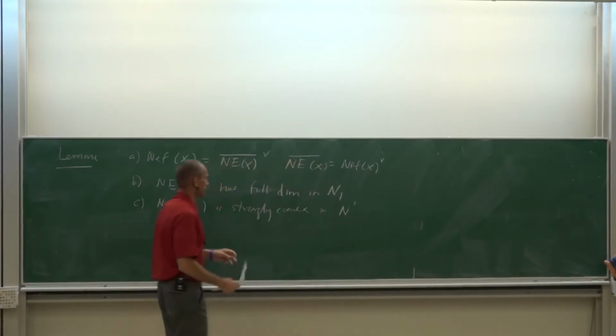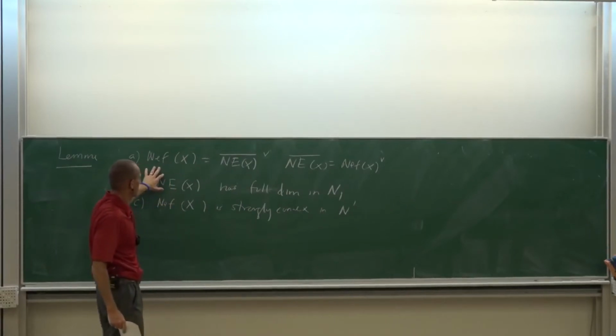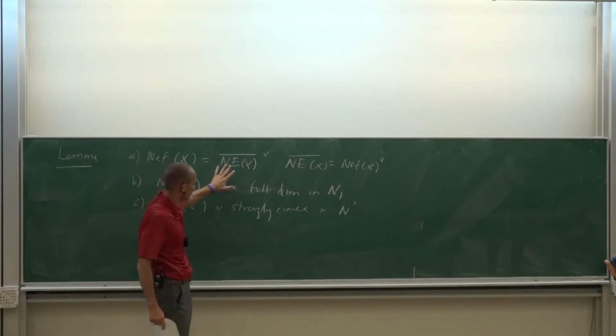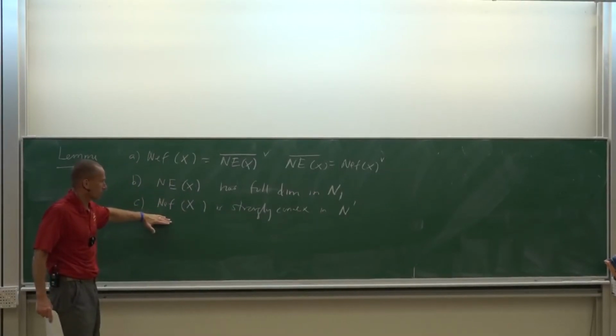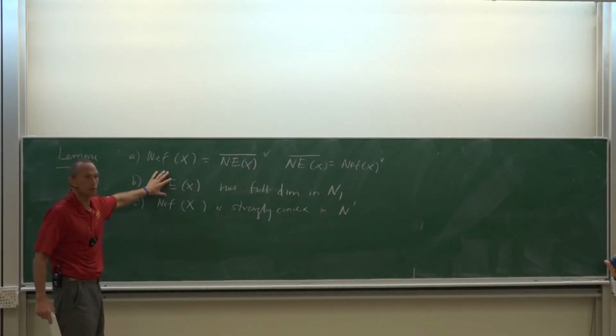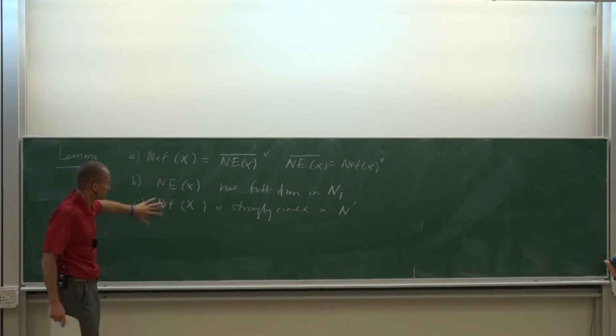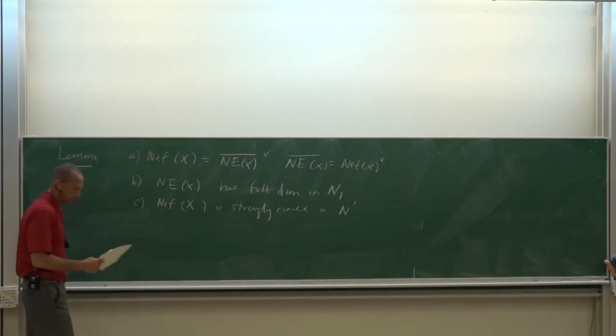So the point of this theorem is that there's a nice duality between the Neff cone and the Mori cone, and the Neff cone is strongly convex, and the Mori cone is going to be a full dimensional cone. So this says in some sense that these cones are all very nice.